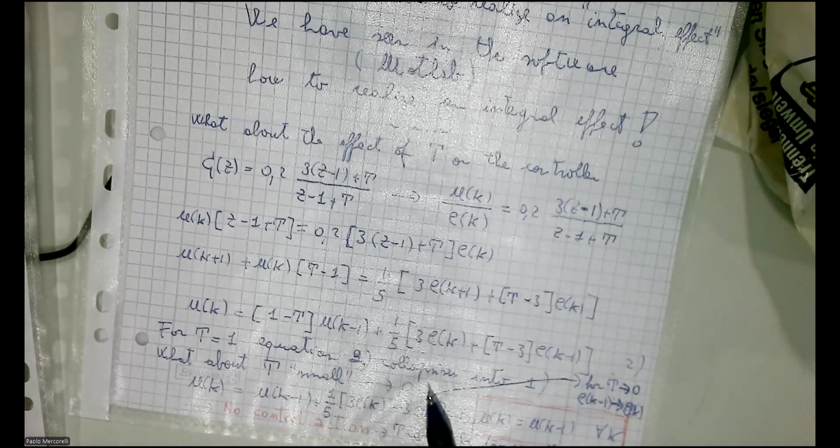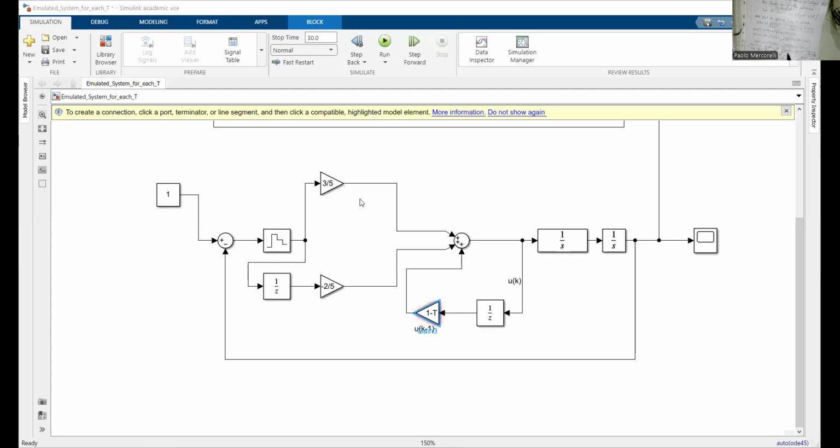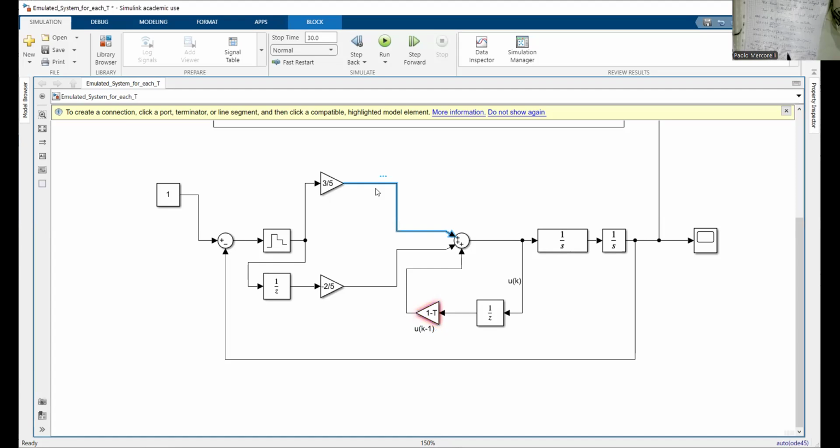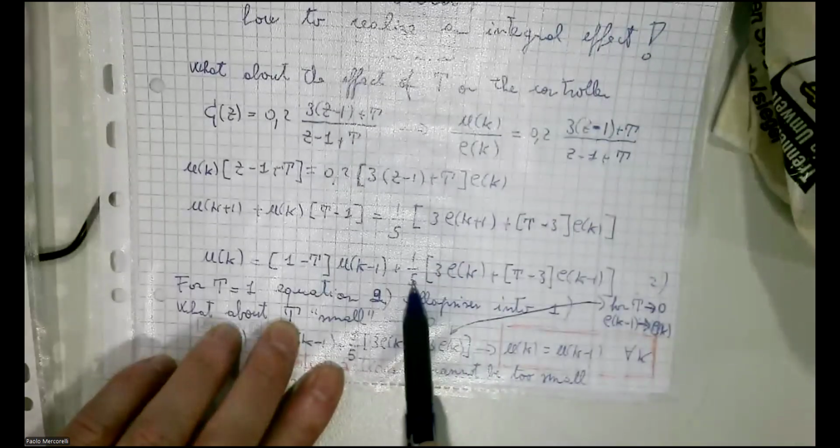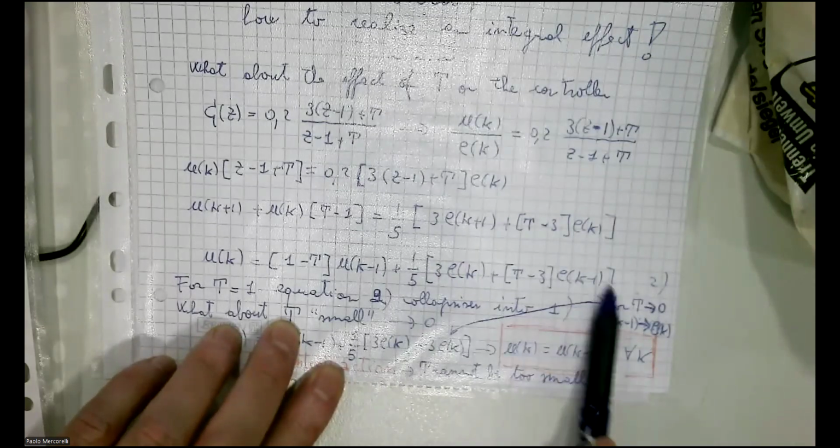This means I have to go here, and here we have 3 divided by 5 multiplied by e of k, which does not change. I show you. This element does not change, 3 divided by 5 of e of k. I have just to modify this.